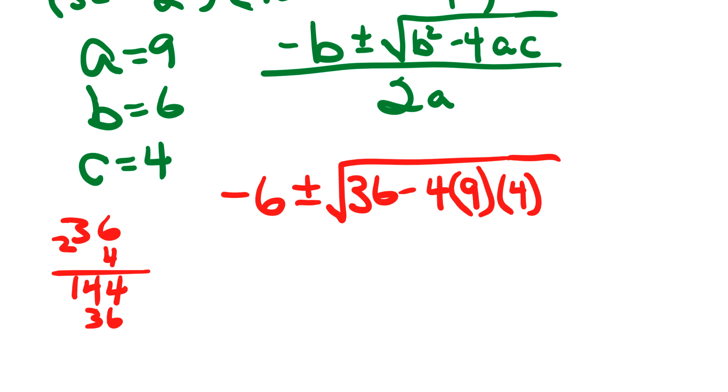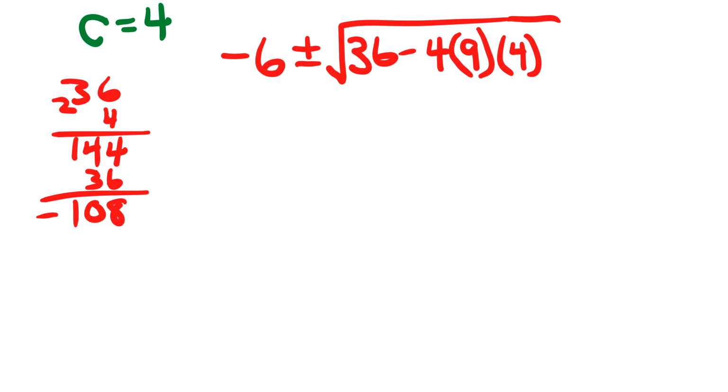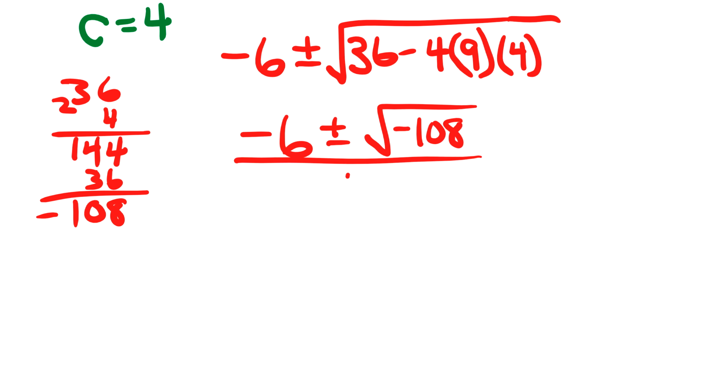My answer will be negative. So I've got 8, 0, 108, and that's negative 108. Okay, all over the 18. So let's see. I've got negative 6 plus or minus the square root of negative 108, all divided by 18.